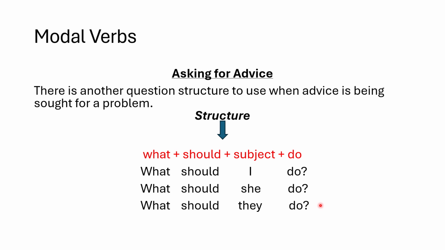What should they do? This structure applies for other subjects too. What should you do? What should he do? What should we do? In this context, the speaker is saying, please tell me the best thing to do.